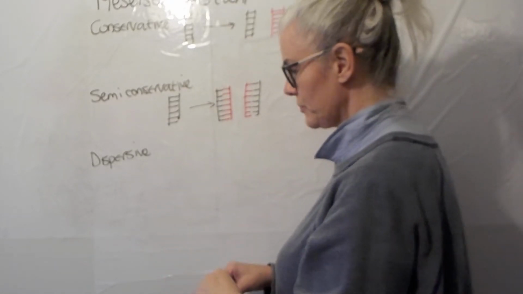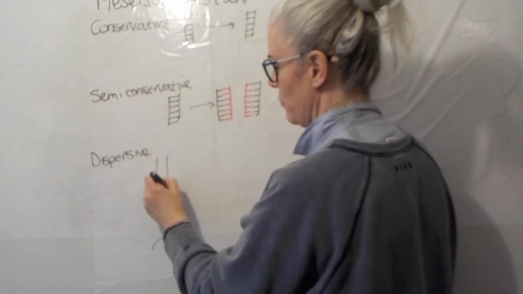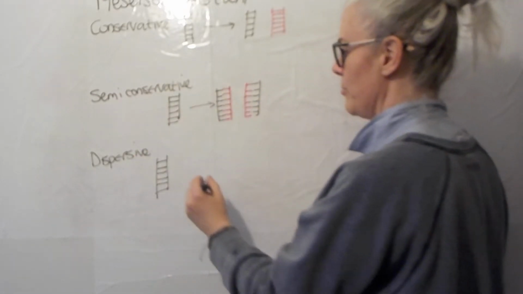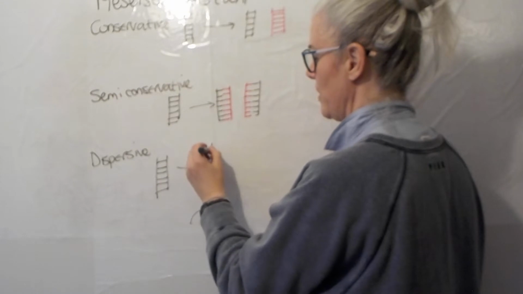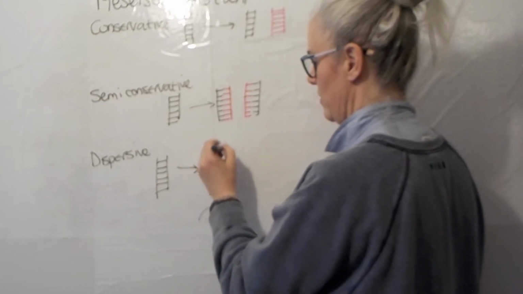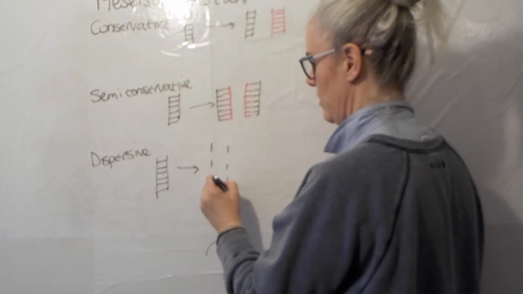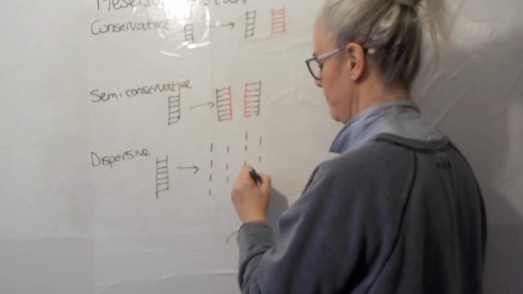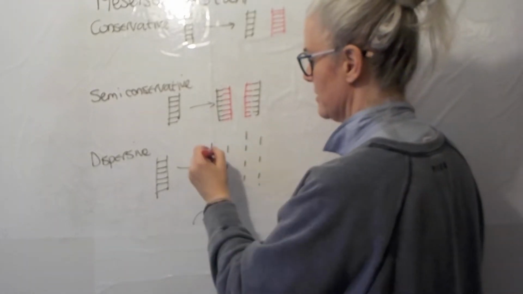Dispersive, what that says is that your original DNA gets mixed up with the new. So what you end up with is two strands, but they're very mixed.